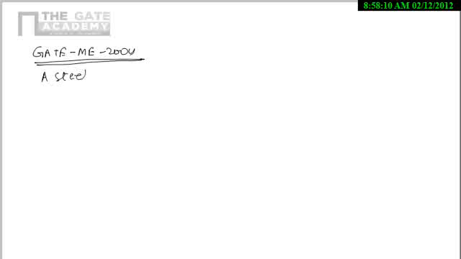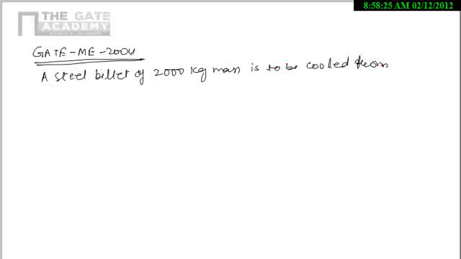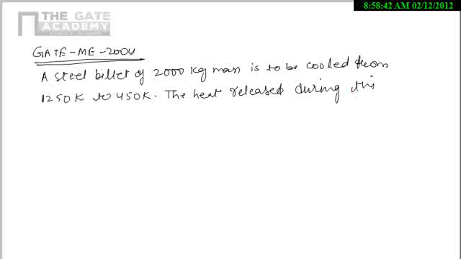A steel billet of 2000 kg mass is to be cooled from 1250 Kelvin to 450 Kelvin. The heat released during this process is to be used as a source of energy.